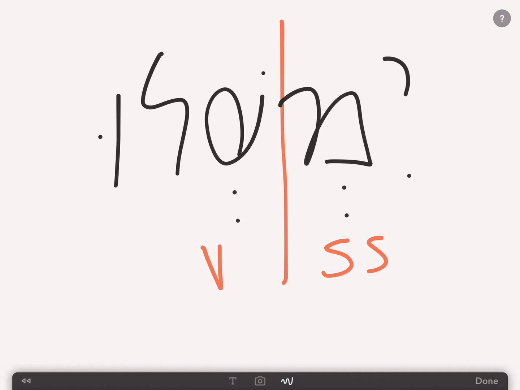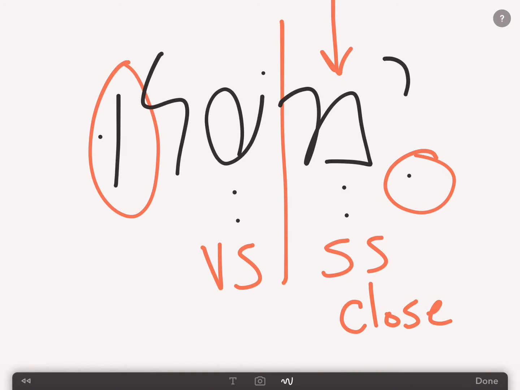The one to the left is vocal. And we know that because silent schwas end and close syllables. Vocal schwas begin syllables. So in this case, we've got one vowel, two vowels. We have two syllables, easy enough, okay?